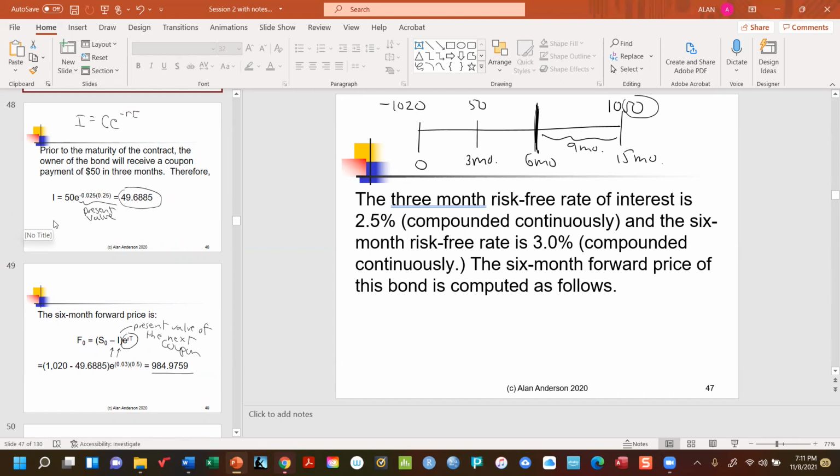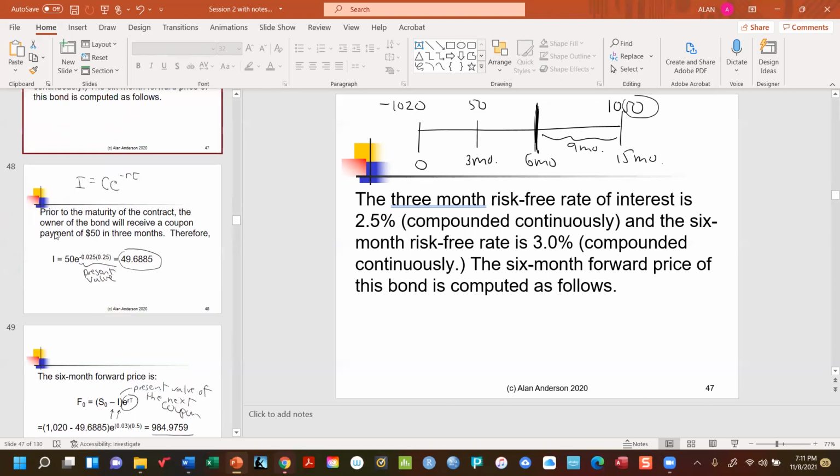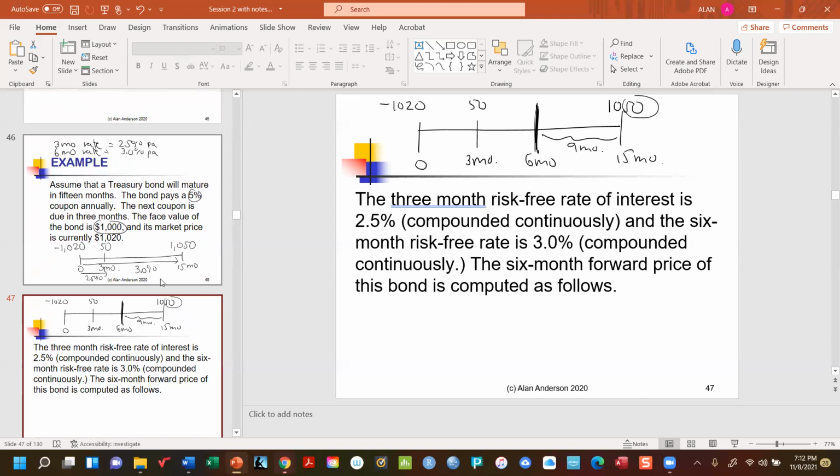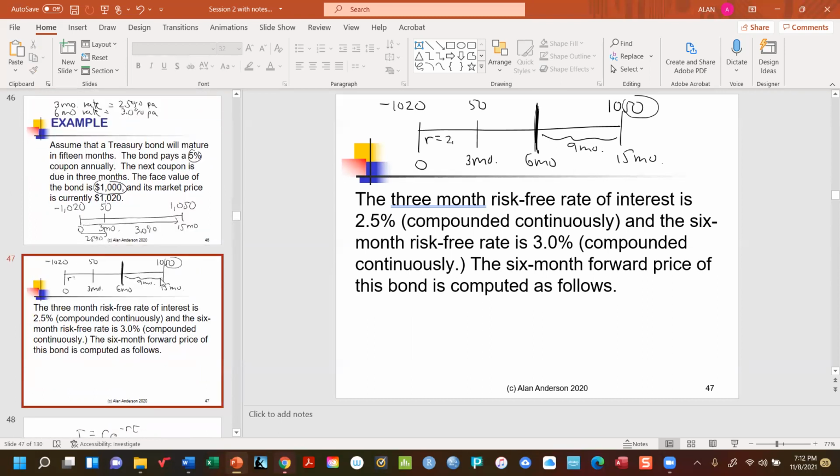Now, let's see, what do we do here? Let me just double check something. So the 3-month rate is 2.5%, and the 6-month rate is 3%.